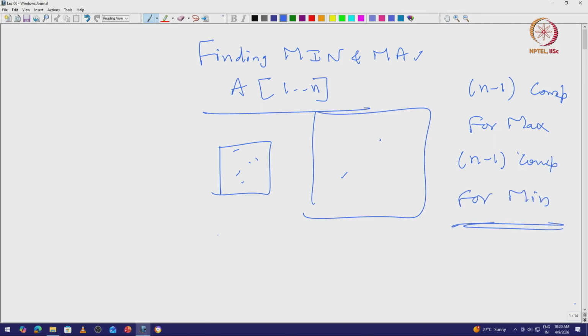You can find the maximum and minimum in 2n minus 2 comparisons. You have a very simple algorithm, and this is linear. Not only linear, you can see that the constant is only 2. It is already a very good algorithm.